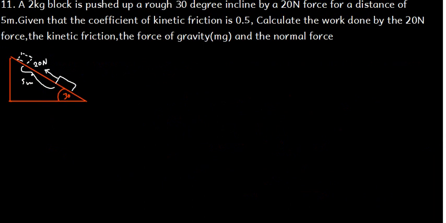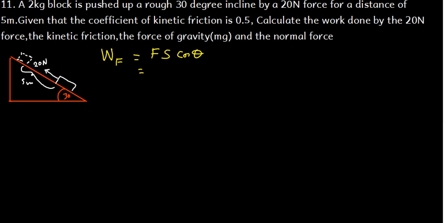So let's start with the work done by the 20 newtons force. Notice that the 20 newtons force is going in the same direction as the displacement. So the work done by that force is simply force times distance times cos theta. The angle is going to be 0 because they're going in the same direction.